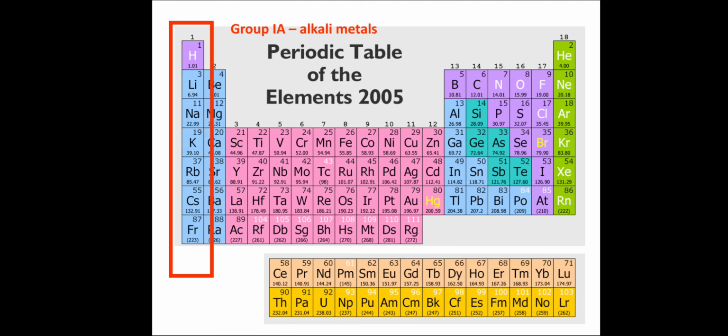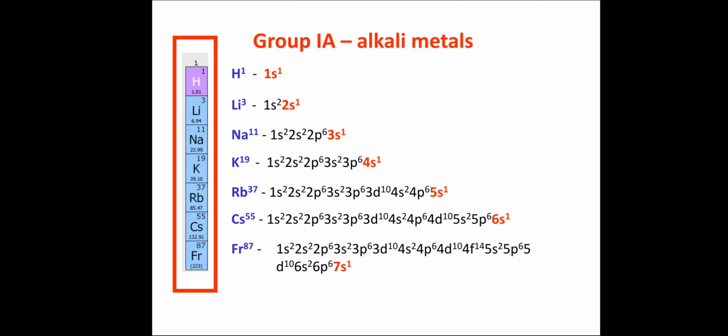As you can see, group 1 is nothing but alkali metals, which comprises lithium, sodium, potassium, rubidium, cesium and francium. These elements are placed under the same group because they have similar electronic configurations. Lithium is 2s1, sodium is 3s1, potassium is 4s1 and so on.